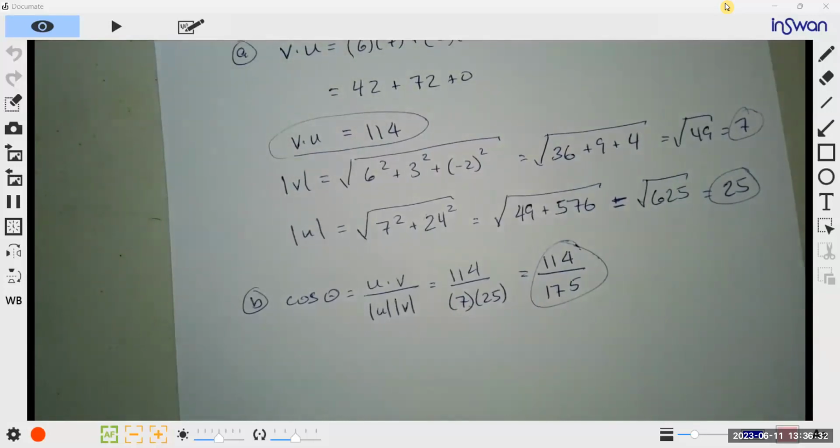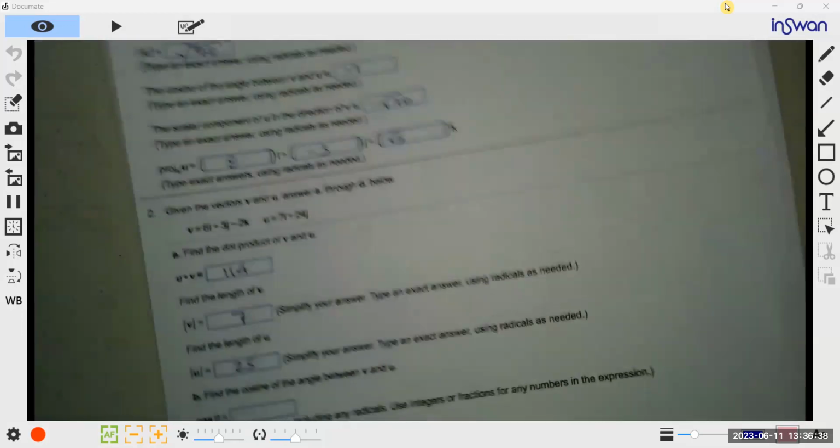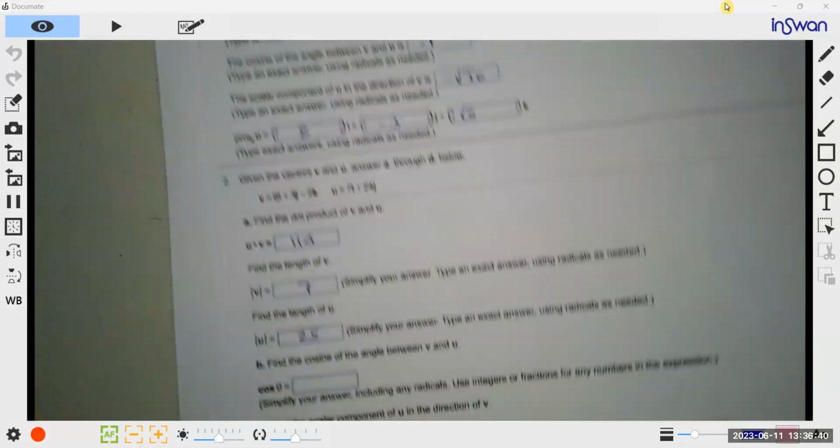So that's the cosine of the angle from u to v.